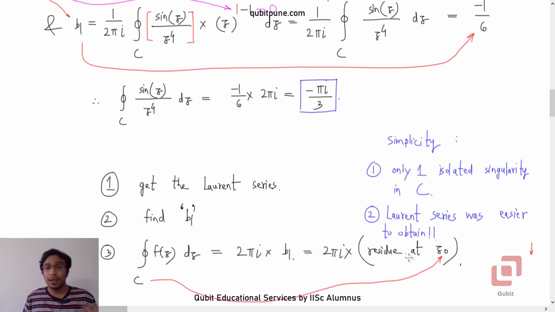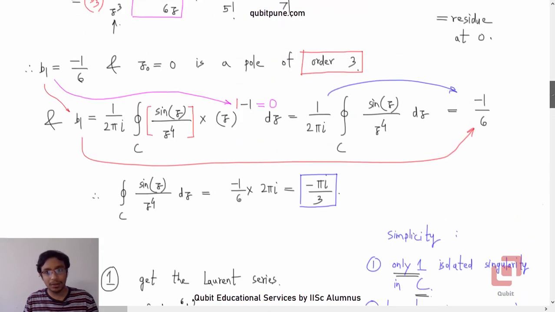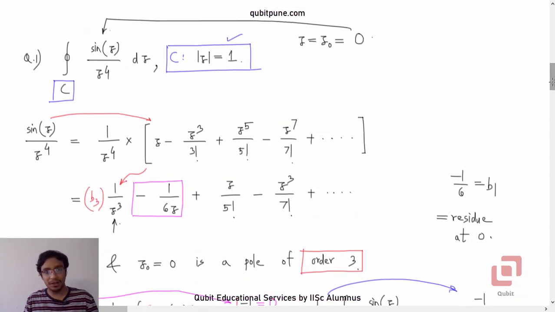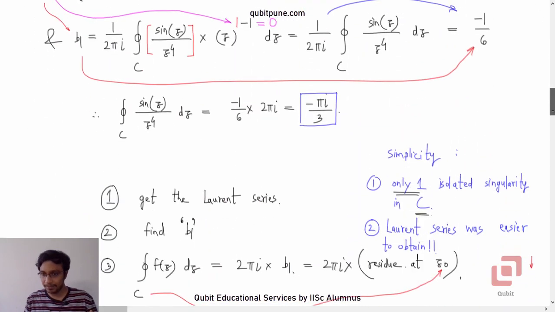Okay. However, it turns out that as we go on solving more and more complicated examples or complicated functions, we may not always have the situation where we have only one isolated singularity in C. Okay, so if we have even two isolated singularities, then we cannot go with this particular procedure which we have gone for in this particular example.